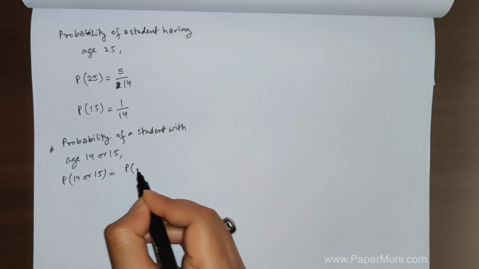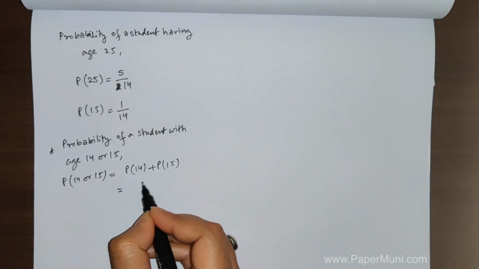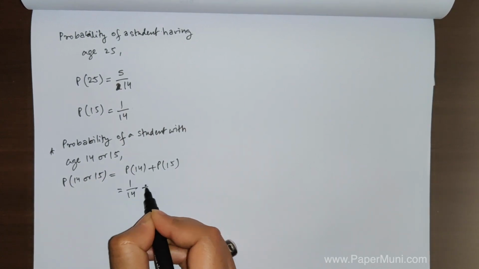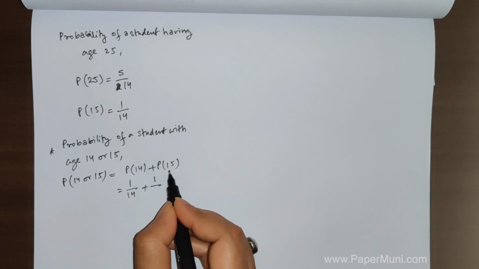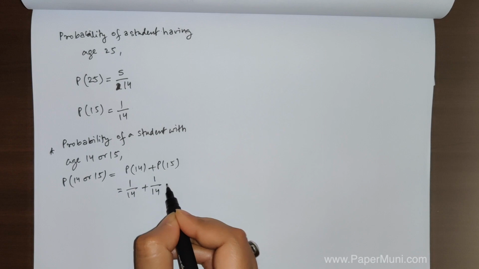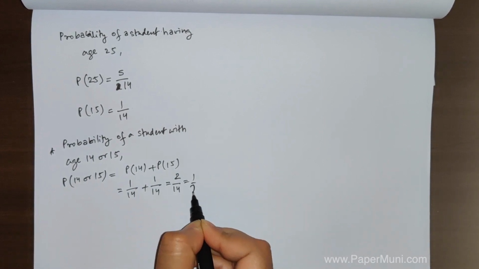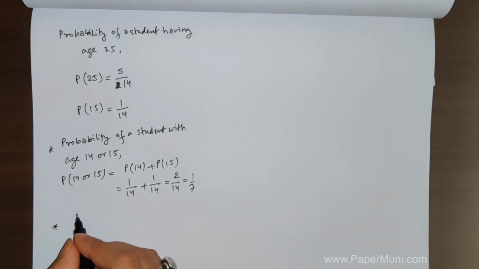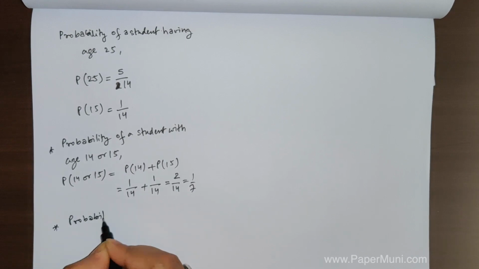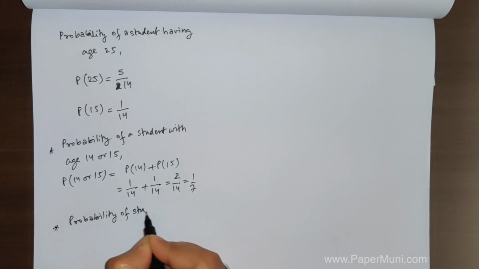So you basically add up the probabilities. This is 1 by 14 for age 14, and one student also has age 15, another 1 by 14. So this is basically 2 by 14, which gives us 1 by 7. Now, the probability of a student having any age; we are not particular about which age.